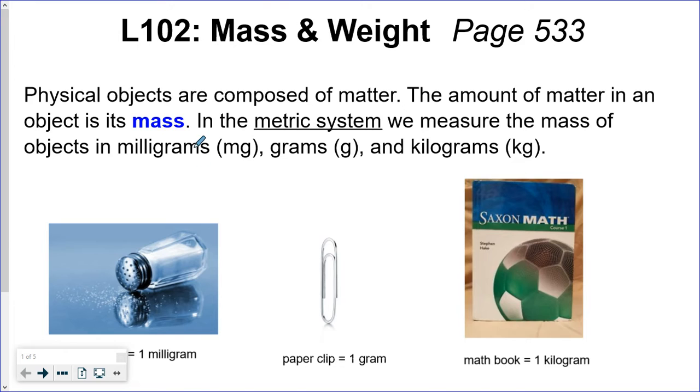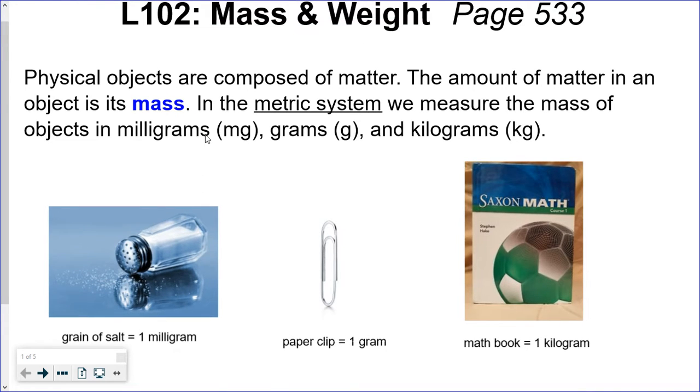Well, let's start with the milligrams. If you had a salt shaker and you were to spill out some of that salt, and you were to take just one of those little grains of salt, just one of them all by itself, that would be the equivalent of 1 milligram. So as you can tell, 1 milligram is incredibly small and incredibly light.